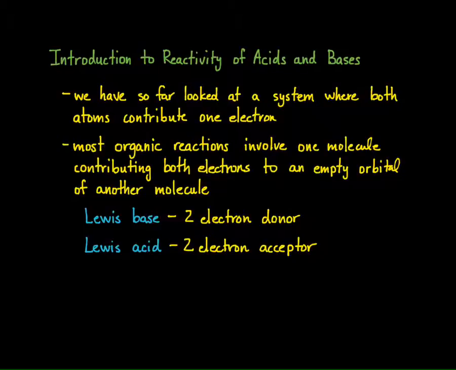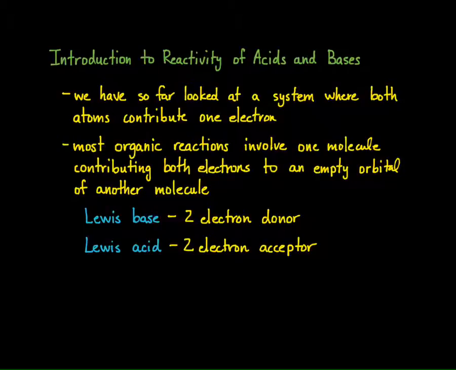It's mentioned in general chemistry. We don't explore it in great detail, but that's the nuts and bolts of Lewis acid-base chemistry. Lewis base donates 2 electrons, Lewis acid accepts 2 electrons. The Lewis base is the molecule that has both electrons, and the Lewis acid has an empty orbital in which it can accept those 2 electrons.